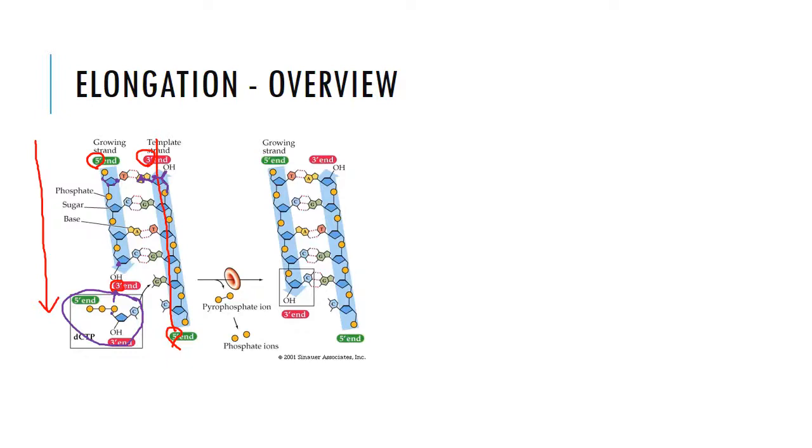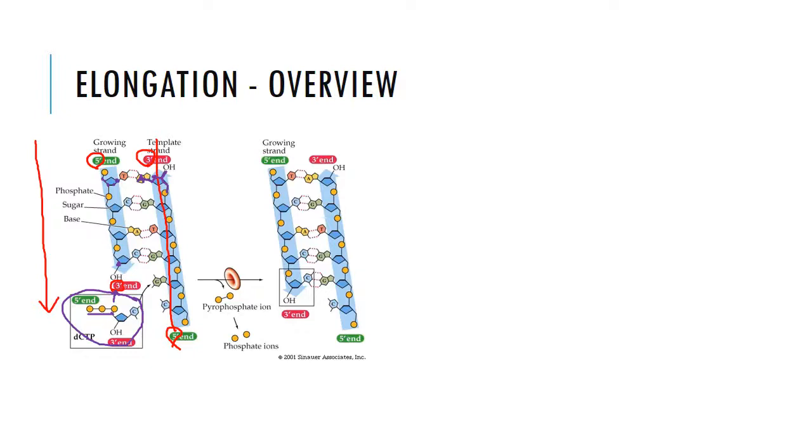Back to this future nucleotide, we can see that it looks like a nucleotide. It's got a cytosine base, it's got the deoxyribose sugar, it's got, oh, here's the difference. Instead of just one phosphate group, it has 3 phosphate groups. So this is a triphosphate molecule, a nucleoside triphosphate.